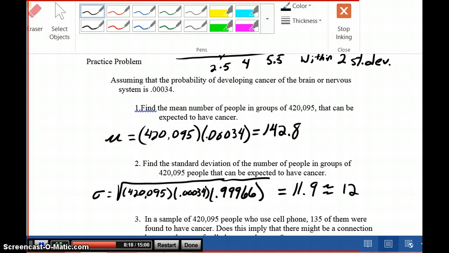Now we're going to find the standard deviation. So I say the square root of n times p times q is 420,095 times 0.00034 times 0.99966, and if I work that out, I get 11.9. Well, I'm going to use a 12 as an approximation.